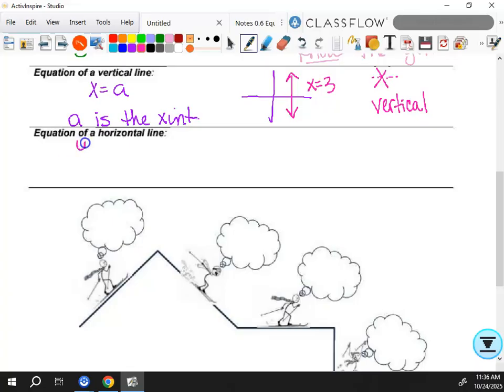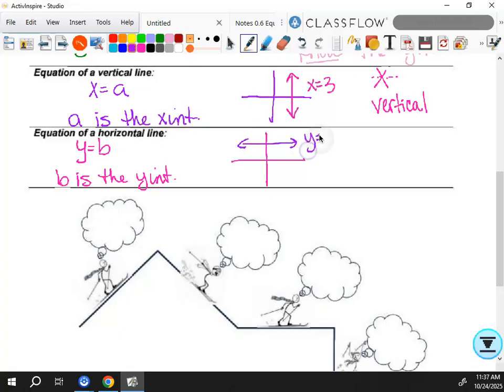Then for horizontal, that's y equals b, where b is the y-intercept. So that would look something like this. You get y equals 3.